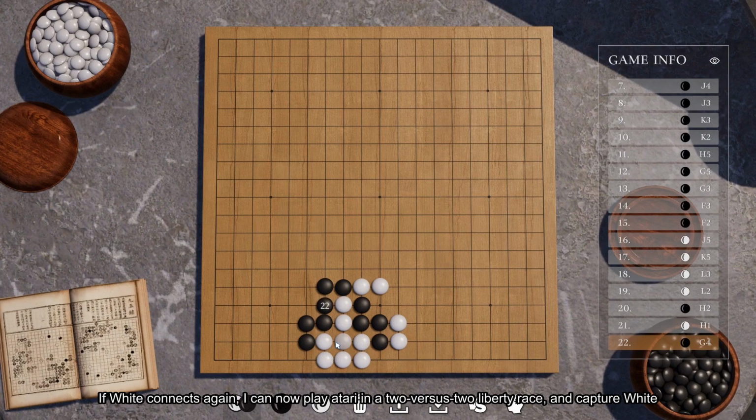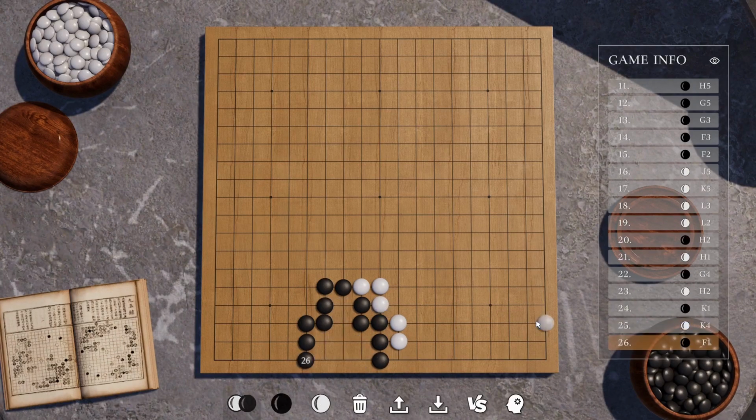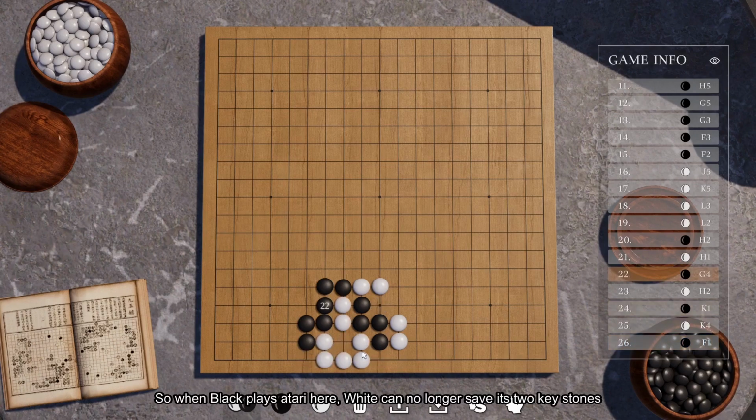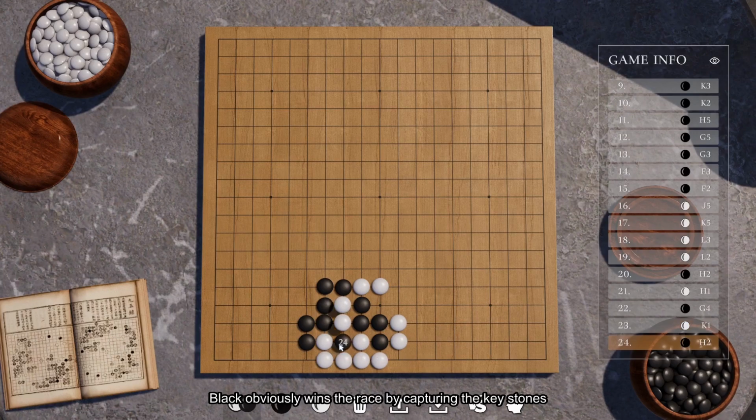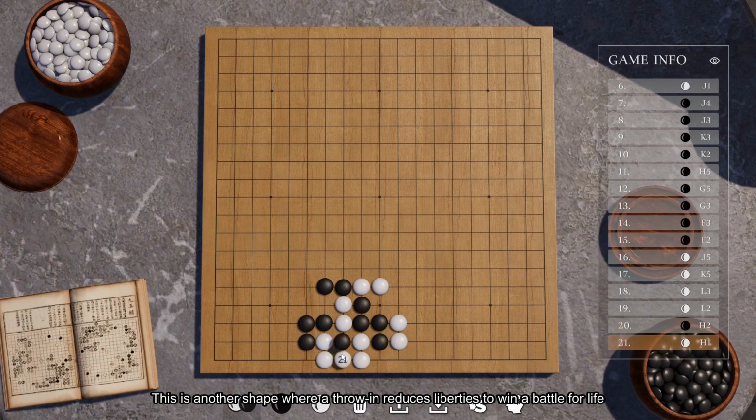If white connects again, I can now play Atari in a 2 versus 2 liberty race and capture white. So, when black plays Atari here, white can no longer save its 2 keystones. Black obviously wins the race by capturing the keystones. This is another shape where a throw-in reduces liberties to win a battle for life.